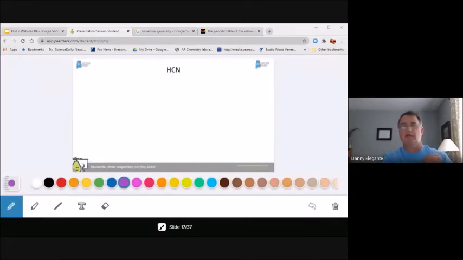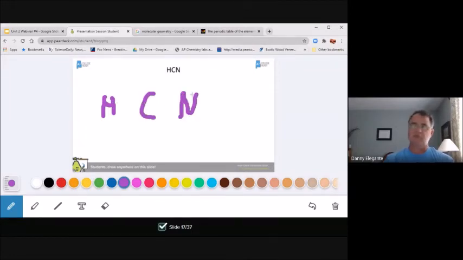Let's try another one real quick. This is HCN, and it goes exactly in that order. So you don't have to figure out who goes in the middle and all that kind of thing. It literally is going to be H, and then a C, and then an N. And obviously, this is a practice skill, something you need to practice. So go ahead and draw out what you think the Lewis structure for HCN is. Remember, total number of valence electrons. Everybody gets a single bond. Start handing out the electrons to the outside atoms.